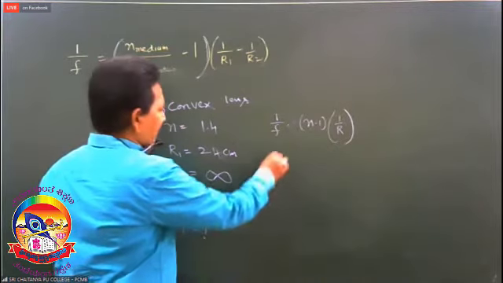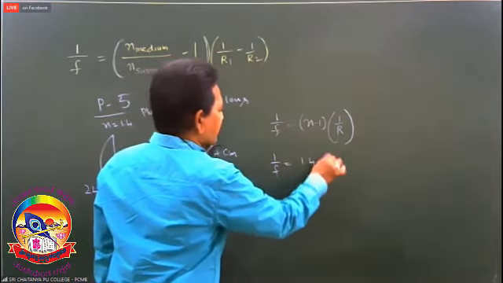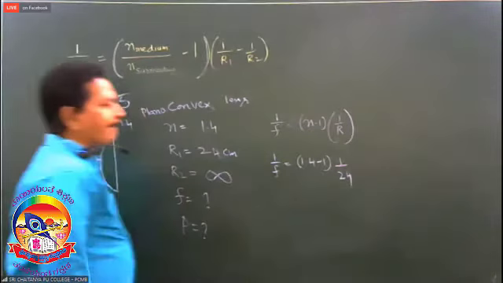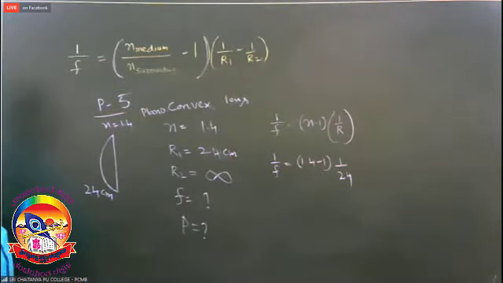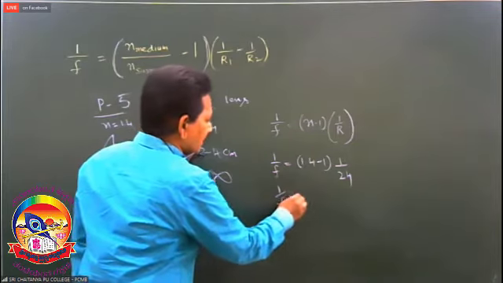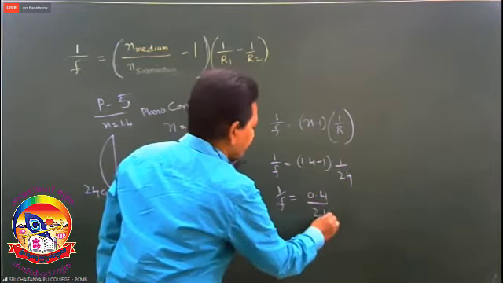So 1 by F is equal to (1.4 minus 1) into 1 by 24. Refractive index 1.4 given, into 1 by R. For convex lens, focal length is positive. Therefore, 1 by F is equal to 0.4 by 24.